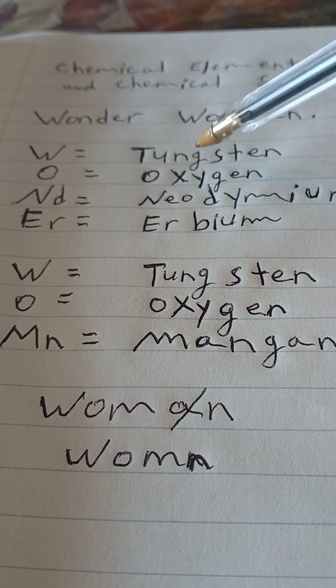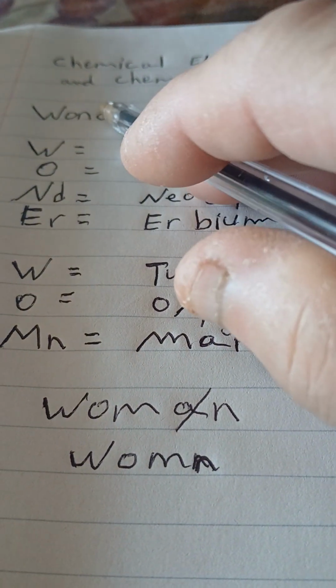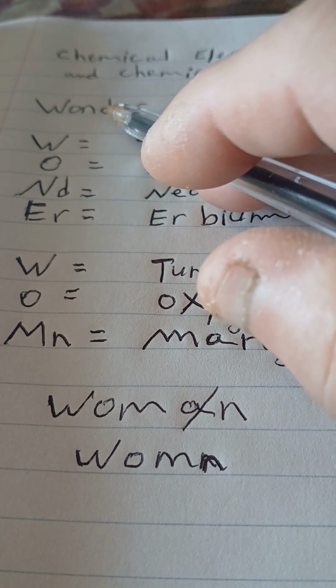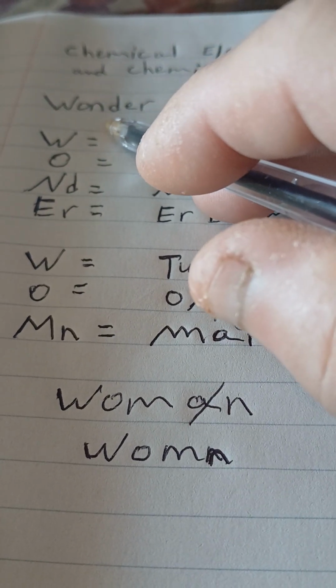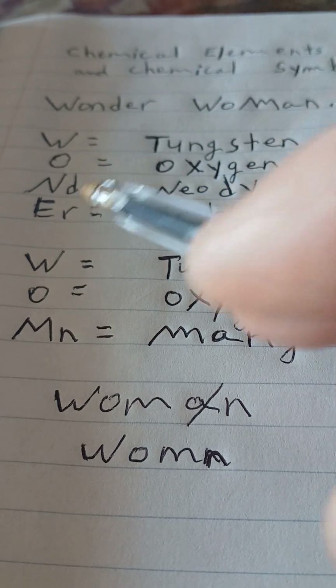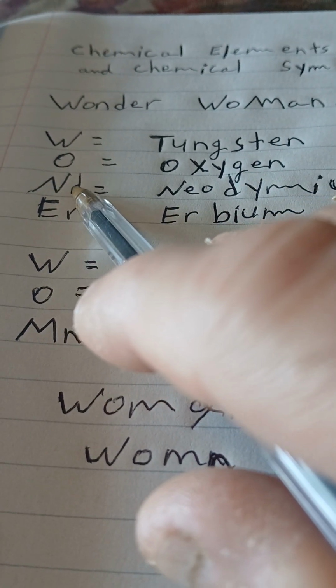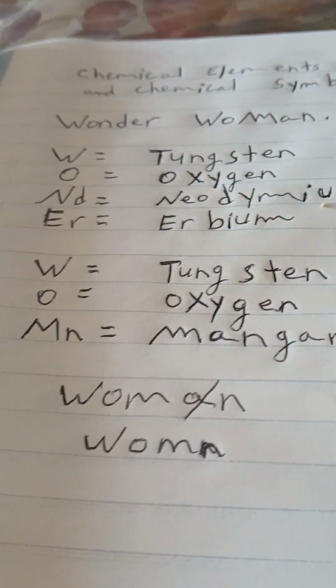Capital OXYGEN. Then we got the N and the D. We're going to capitalize the N and still use the small case d. So we got capital N and a small d for neodymium.